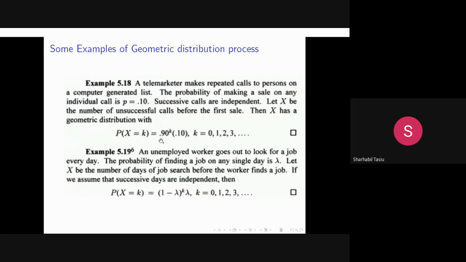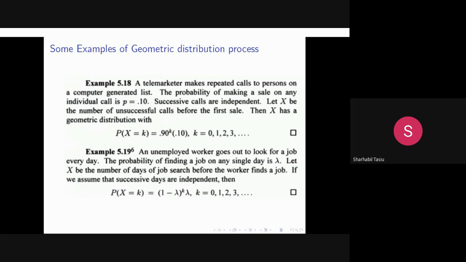But for the purpose of solution, we're not considering it, because if he makes repeated calls, it's not possible that he will get the first sale with 0 calls.